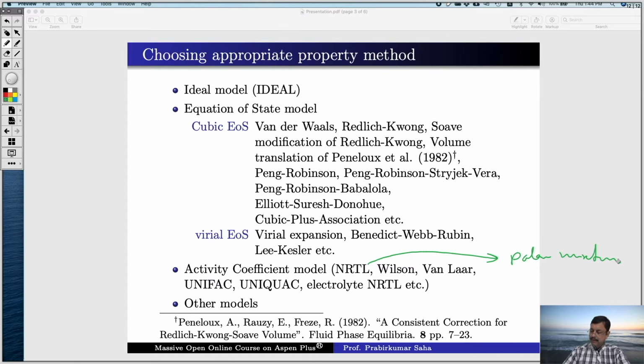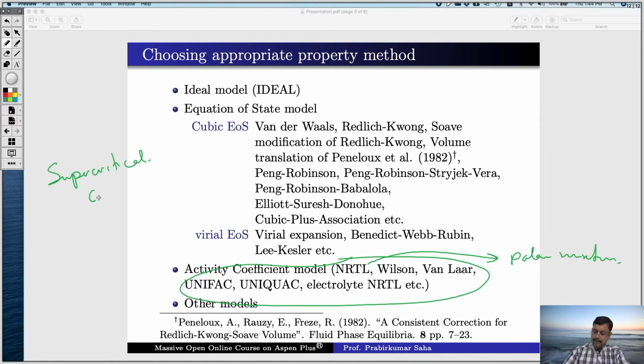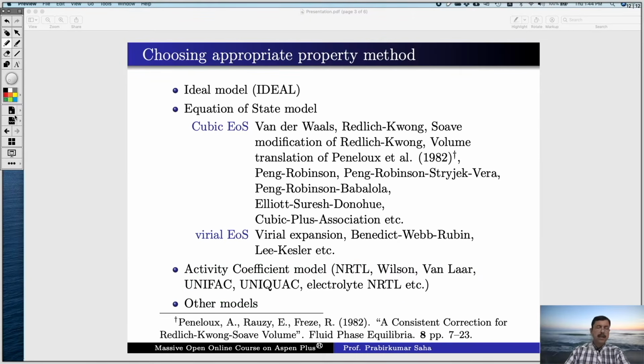And in these models, the activity coefficient approach is used to calculate the liquid properties, while the vapor phase properties are calculated using an equation of state model. And if you have a supercritical component in the mixture, then you can use Henry's law in the activity coefficient model.